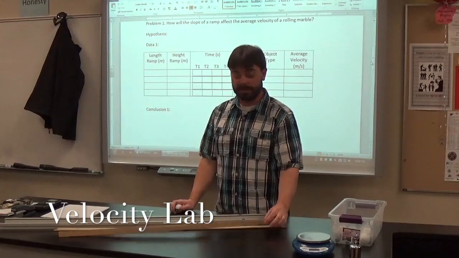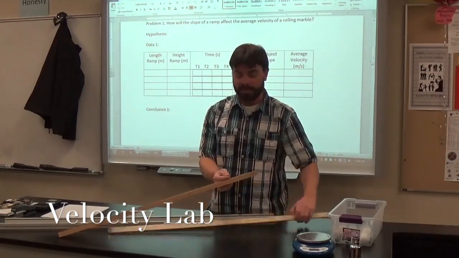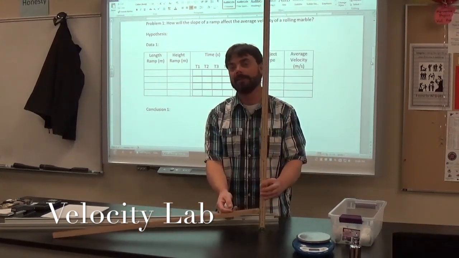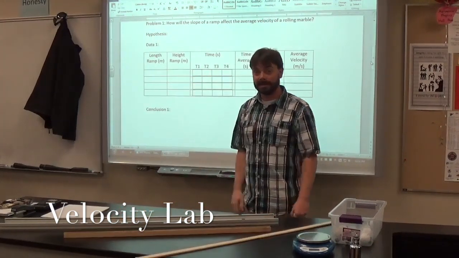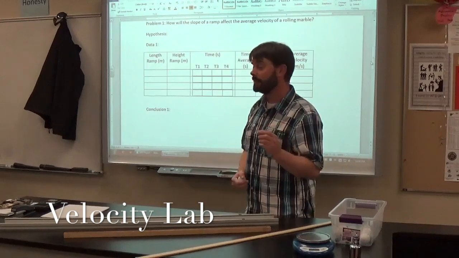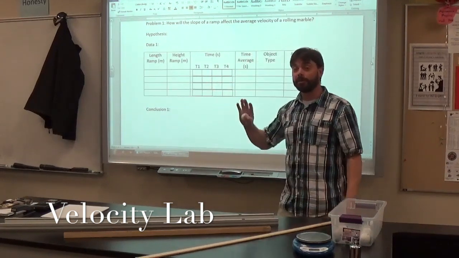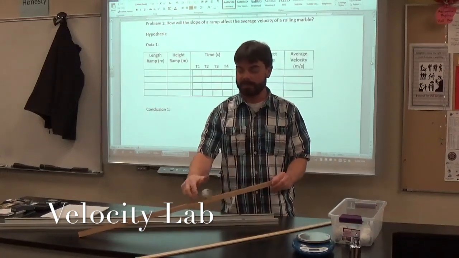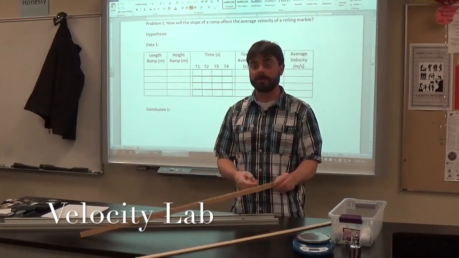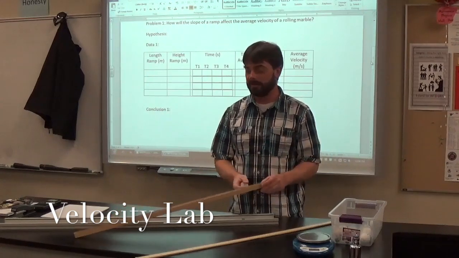The variable that you are changing is the height of the ramp. So the height of the ramp is going to be from one tail end, whichever end you're actually lifting. Then you're going to do 4 different heights, and for each height you're going to be measuring 4 different trials. And the trials are just rolling the object and timing the object. So you do it 4 times from each height and then change the height.